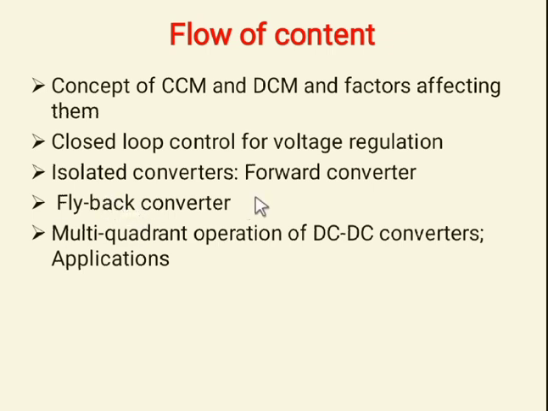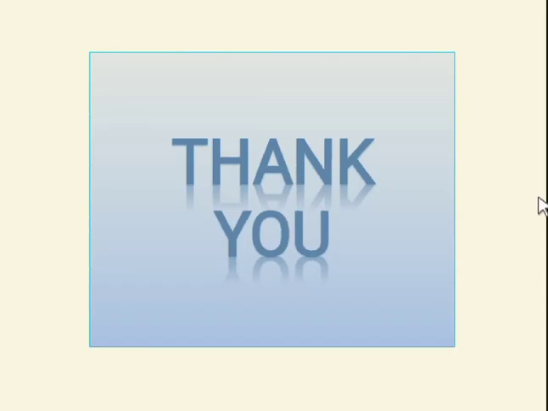But the flyback converter and forward converter are electrically isolated, so these two converters are known as isolated converters. So in the next lecture we will cover the forward converter. Thank you.